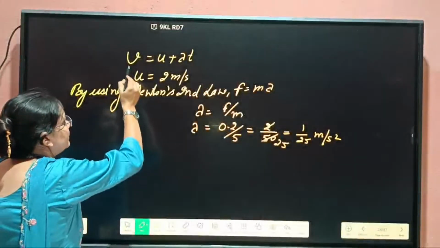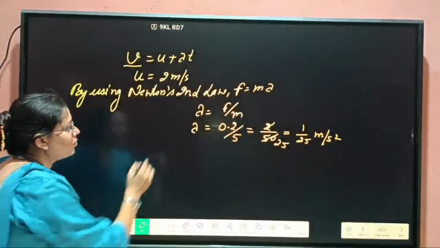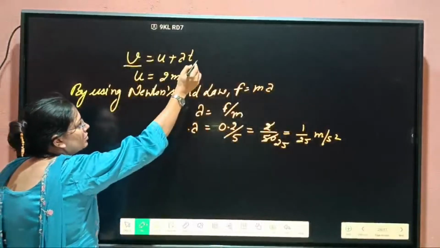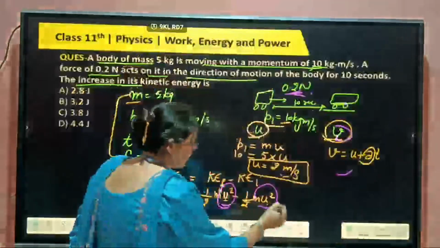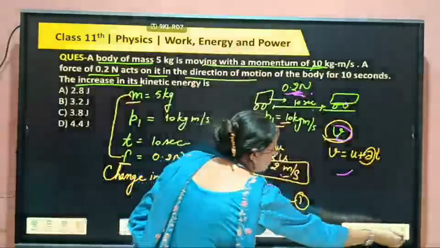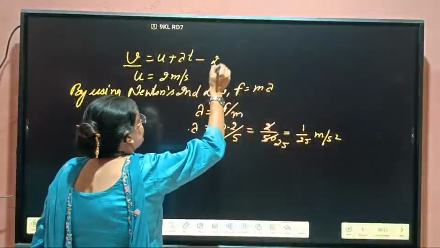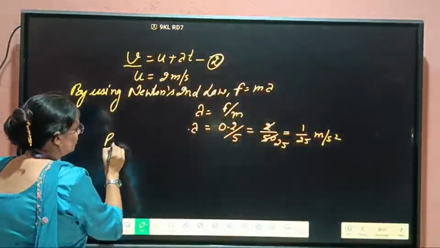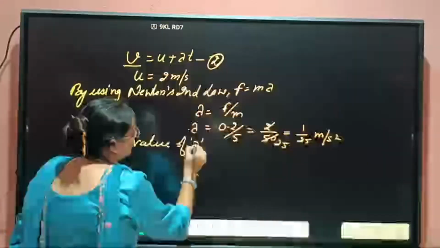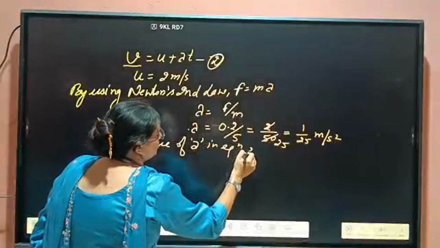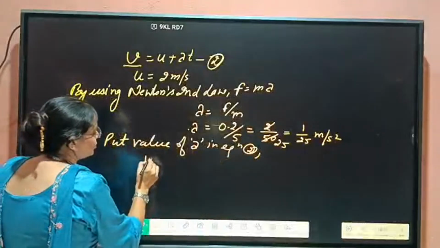So here we can find the final velocity. Put the value of a in this equation. Put here, we can write this one equation, our first equation, this one our second equation. Okay, put the value of a in equation 2. So second equation: v equal to u plus at.